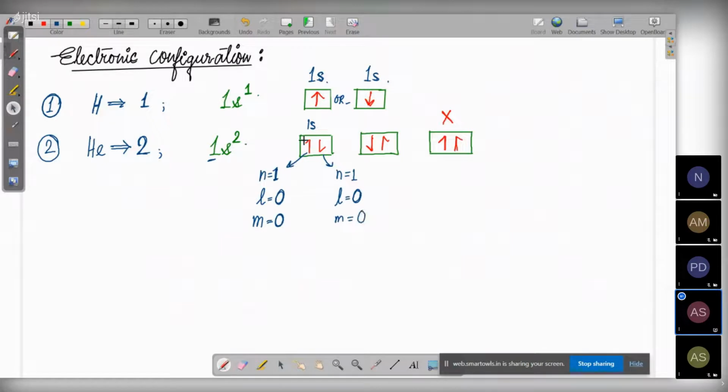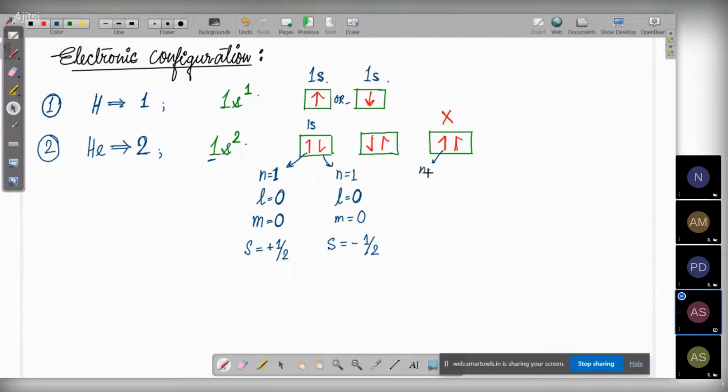But see, this one is an upward arrow, so you can consider this to be s equal to plus half. And over here, it's a downward arrow, so s is equal to minus half. So over here, this follows the Pauli's exclusion principle. Even though the first 3 quantum numbers are similar, for the last quantum number, there is a difference between them. So that is possible.